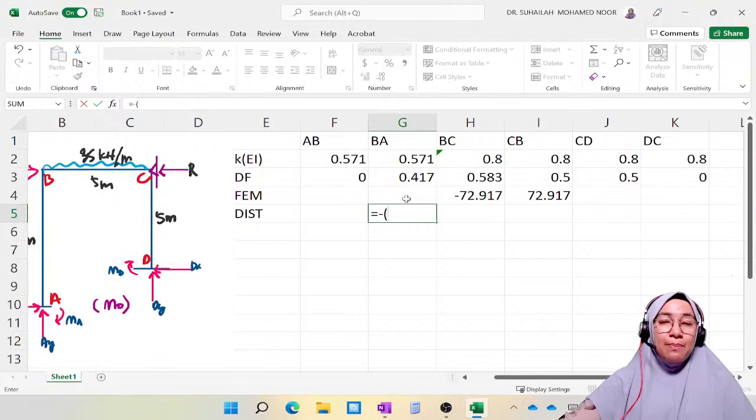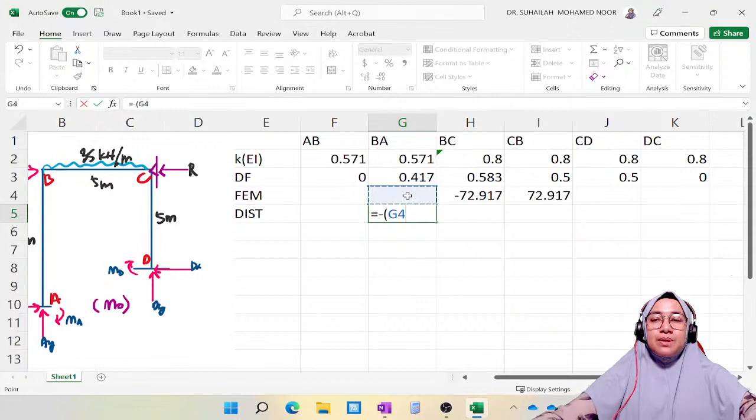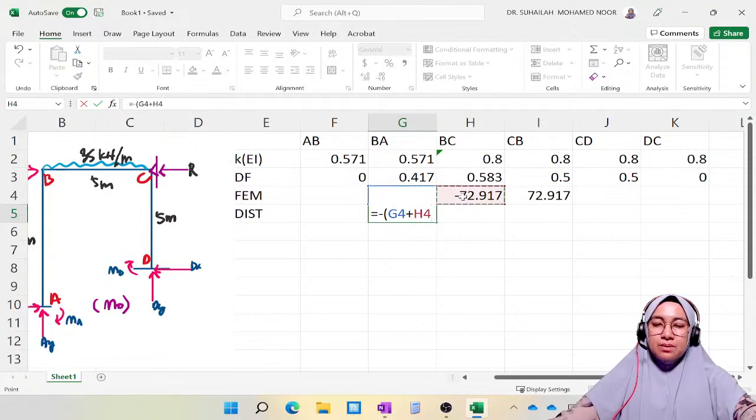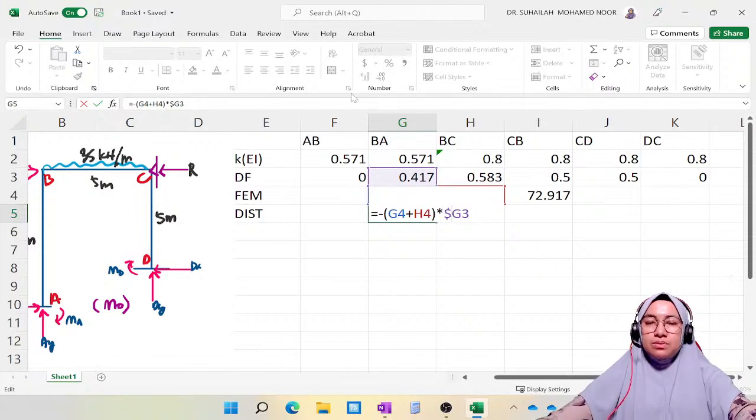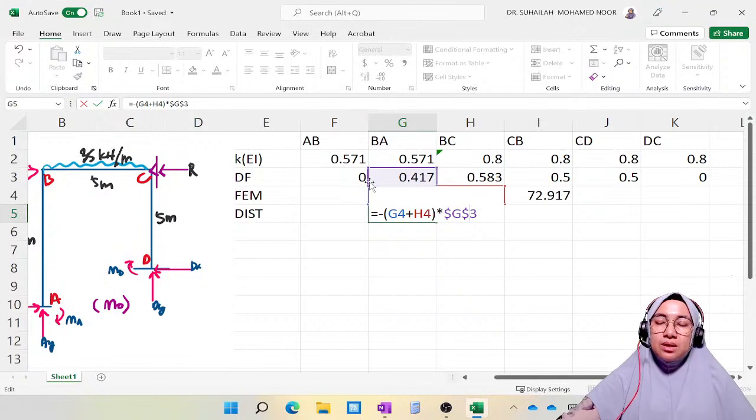So it is BA plus BC, times the distribution factor. For the distribution factor, I will put the dollar sign to lock that position.